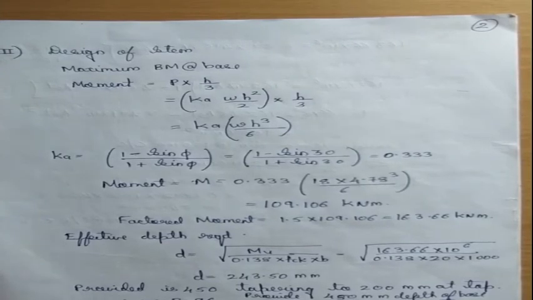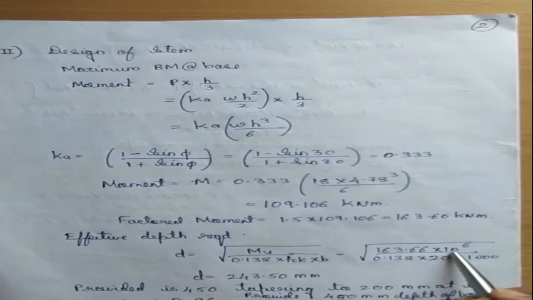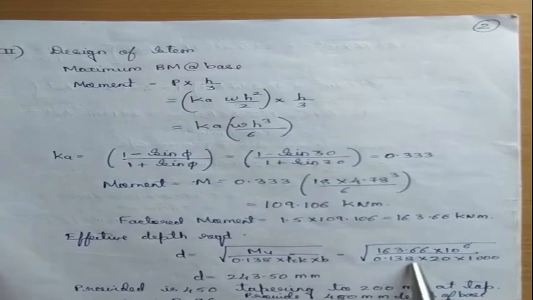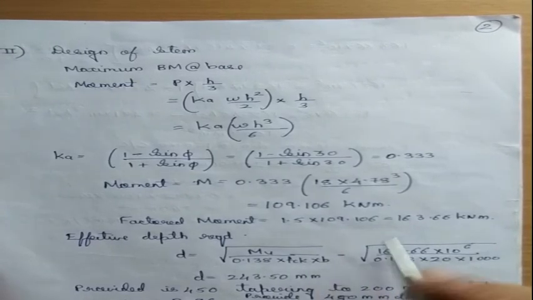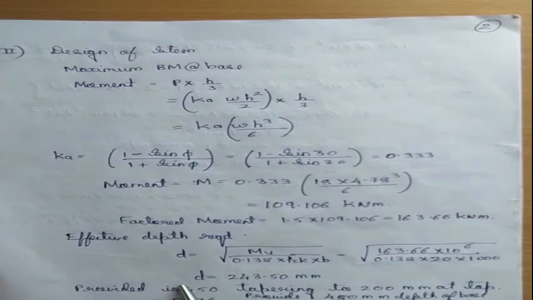It depends on the grade of the steel and concrete, so you have to take the formula. The moment I have found out, so I will substitute here 163.68 into 10 raised to 6, 0.138 fck, fck being the grade of the concrete, M20, so 20, and width I will take as 1000 mm. So D is equal to 243.5 mm.